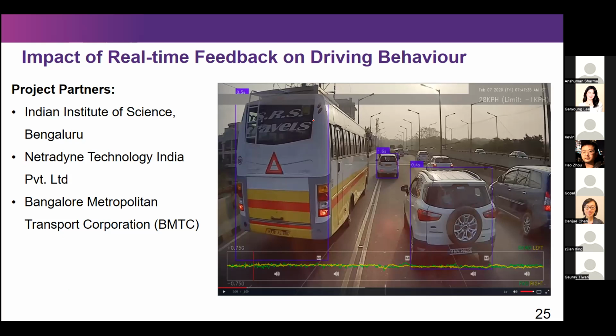These devices, using detection and tracking algorithms which are proprietary to Retradine, alert the drivers about distraction, close following, hard braking, and all those things. And then we have videos and we have all the data of the buses. We are trying to understand, using trajectories, how that will impact driving behavior in terms of, let's say, response time or safety characteristics, let's say TTC or MTTC.